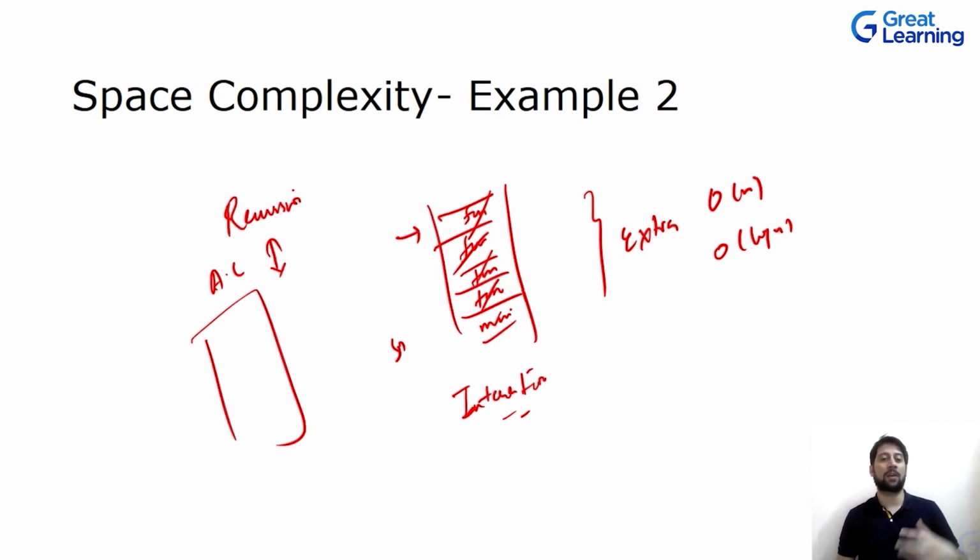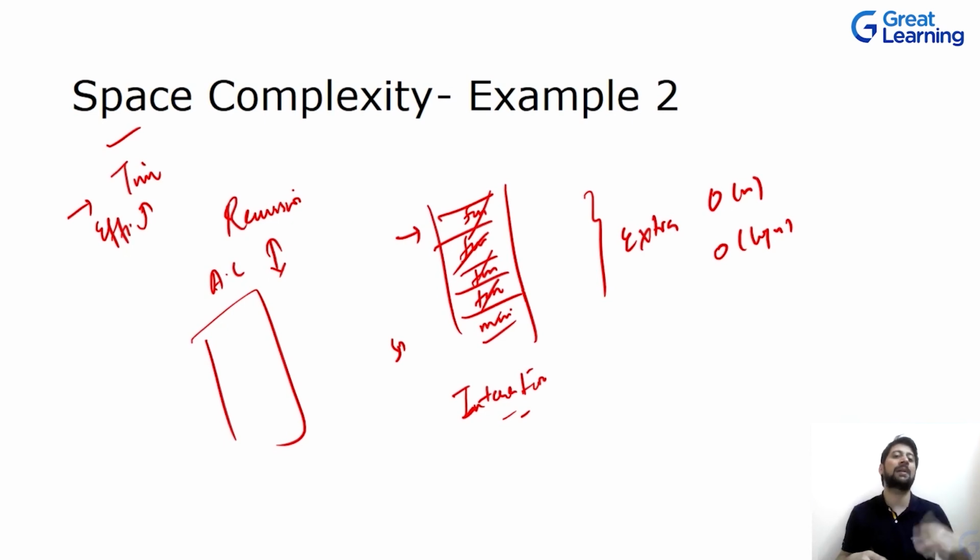Now, you might be thinking, should we save space, or should we use less time? Should we go for a time efficient algorithm or a space efficient algorithm? There is always a trade-off between space and time. In some problems, they might ask you to write an efficient algorithm keeping time into consideration, that you don't have to use extra time.